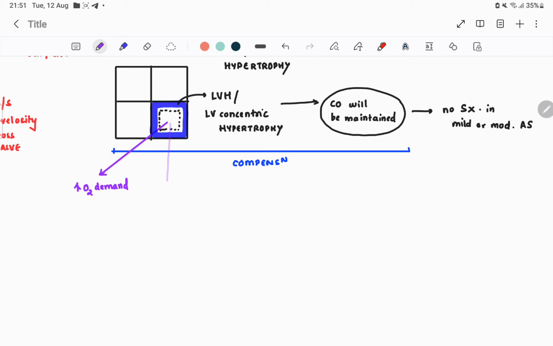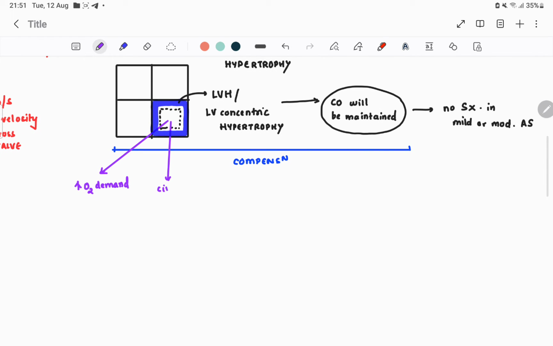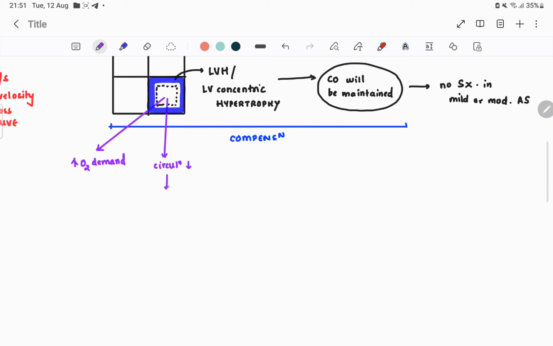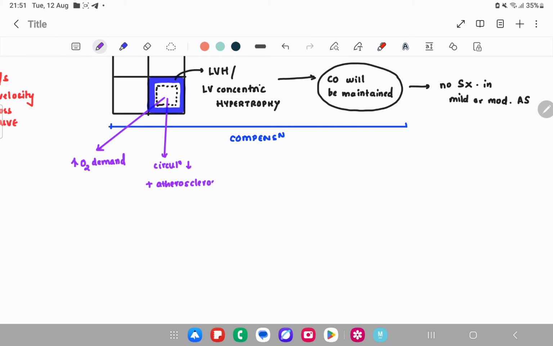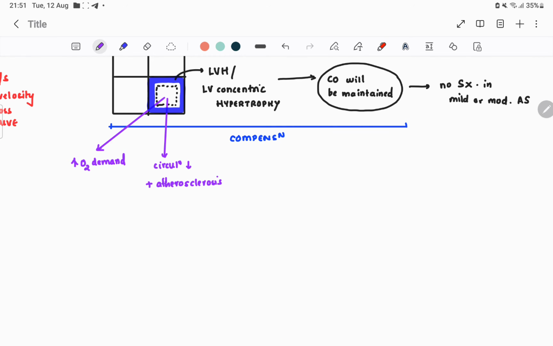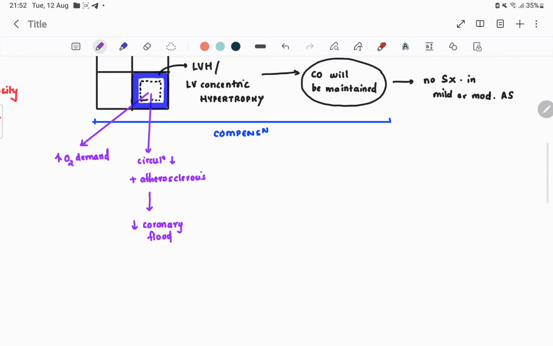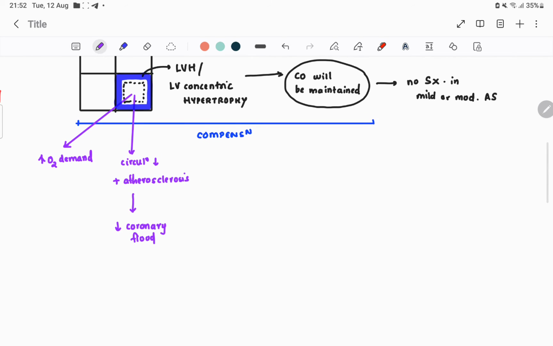Since the cardiac output is not able to be maintained, the circulation is low. And due to this low circulation and associated atherosclerosis, I told you that atherosclerosis is associated with AS, this will lead to decreased coronary flow. The muscles of the heart itself are not getting sufficient blood supply.